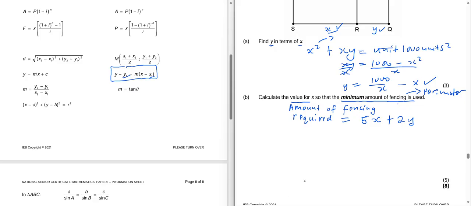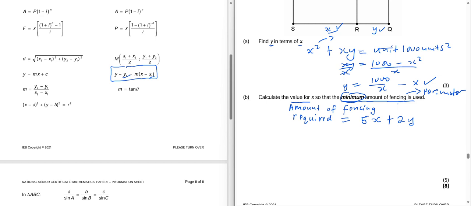But then the question is about the minimum. And when it's minimum, that is an optimization problem. And when you are faced with an optimization problem, you want to find the best outcome. And for the best outcome, usually we need to find the first derivative. It is going to guide us in the process.